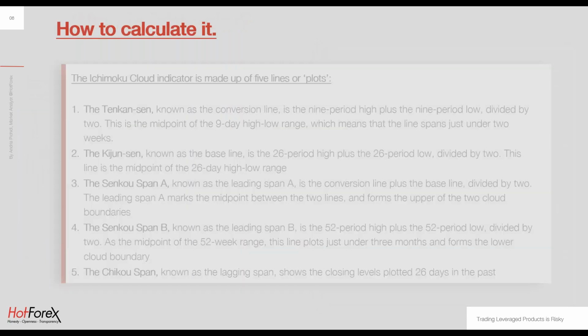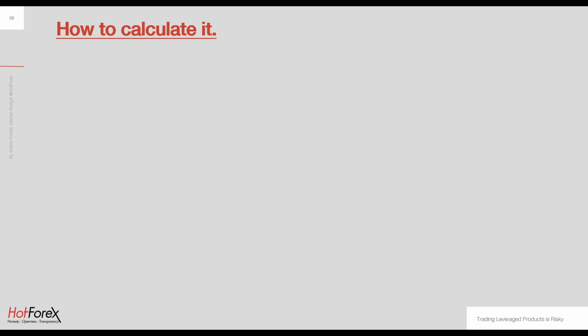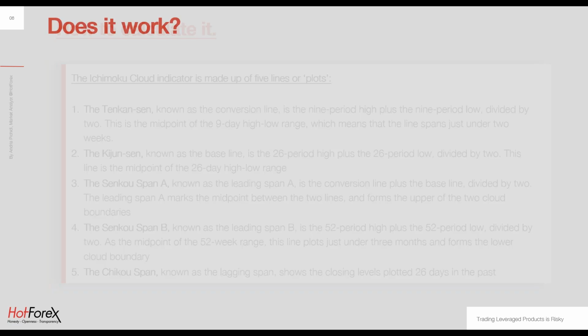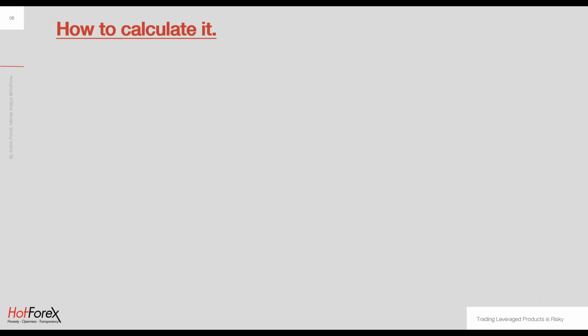As I mentioned, it's composed of five lines. Let me step backwards just to show you the chart again.